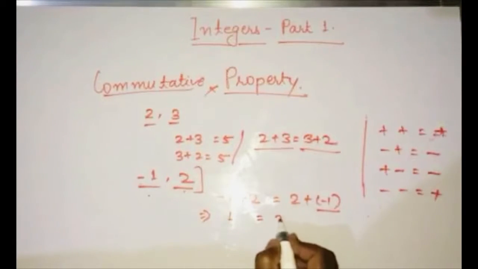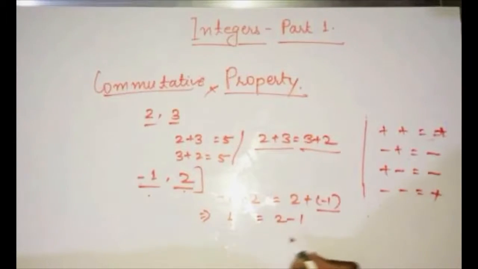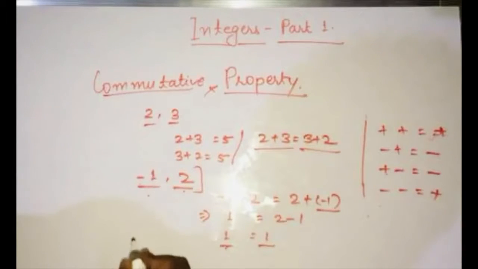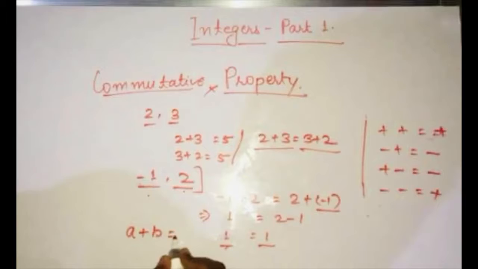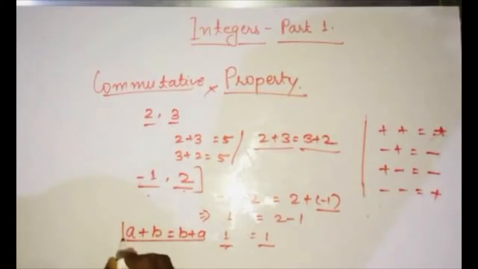Now 2 plus -1, 2 minus 1, 1. If you see, the results are the same even if you swap the integers. So you can say that if one integer is a and another is b, then a plus b equals b plus a. This is the commutative property.